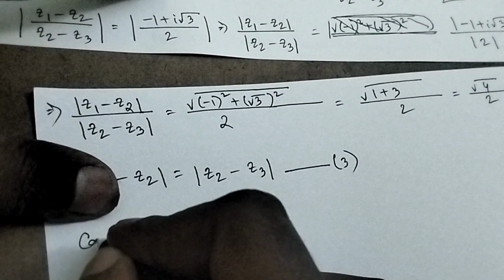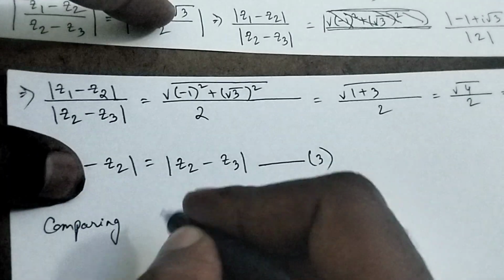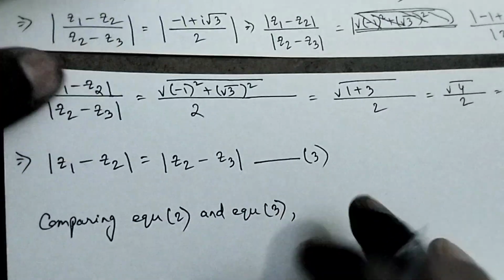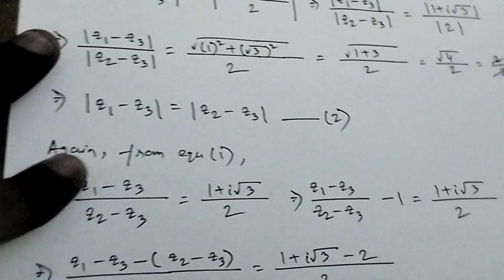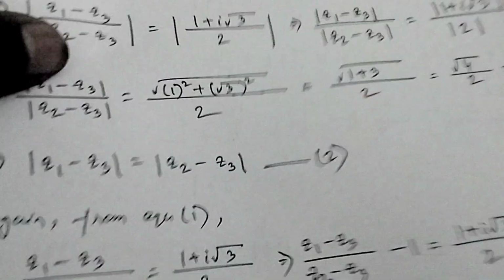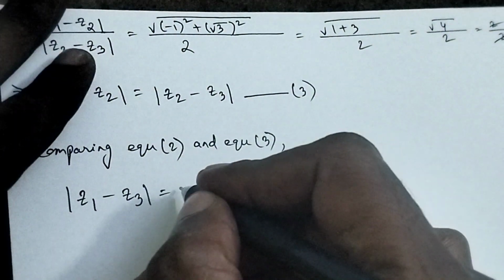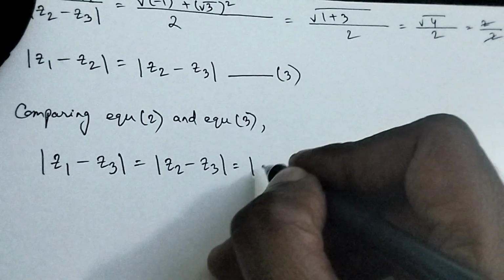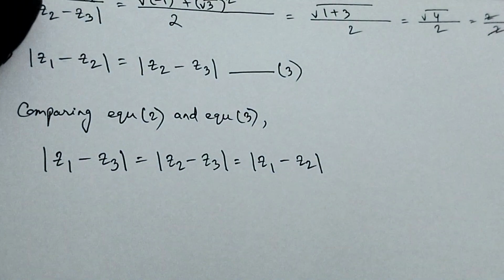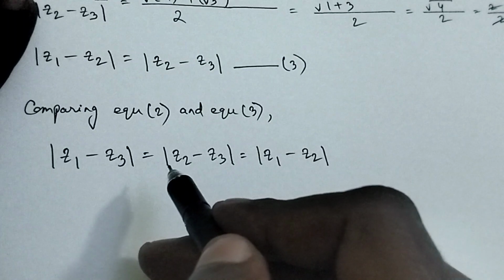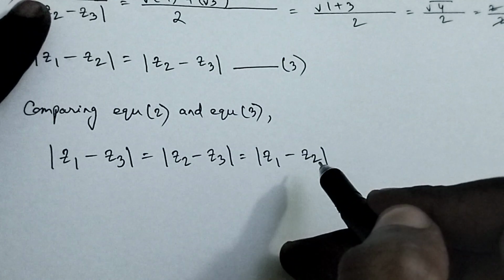So comparing equation 2 and equation 3, we can say that |z1 - z3| is equal to |z2 - z3|, and |z2 - z3| is the same as |z1 - z2|. So the distance between z1 and z3 is the same as the distance between z2 and z3, which is the same as the distance between z1 and z2.